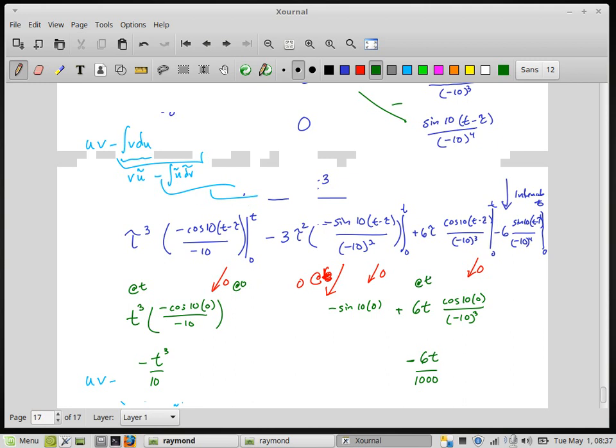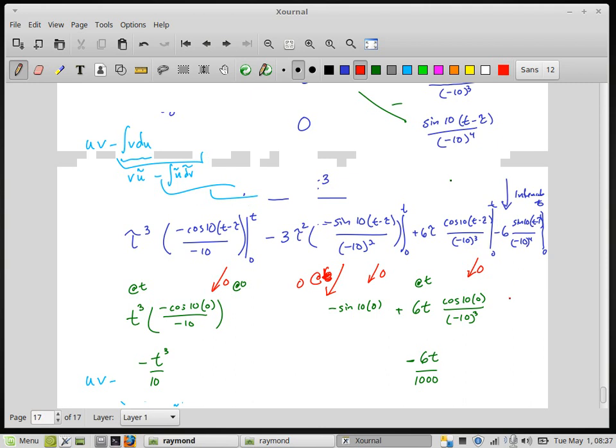And then the last two terms, we've got at t, a sine of 0, so that's going to go to 0.